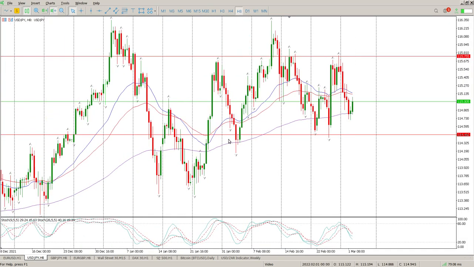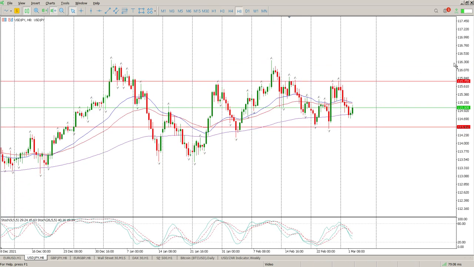US dollar Japanese yen, a bit of a weird setup here. You can see we've got a pretty solid range that we're in at the moment, but then we are making higher lows, and we are selling off this 115.755 area.